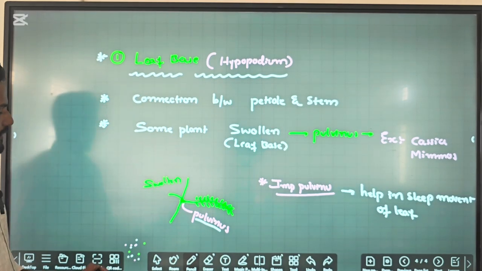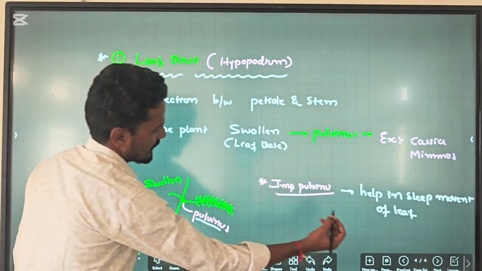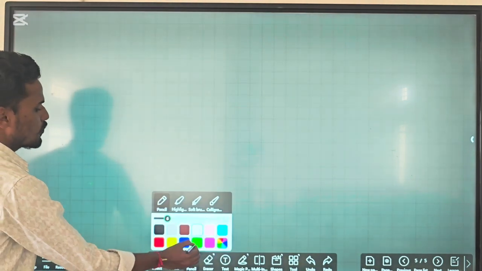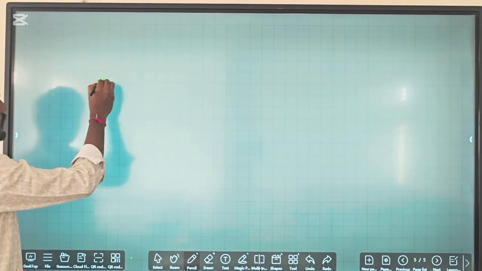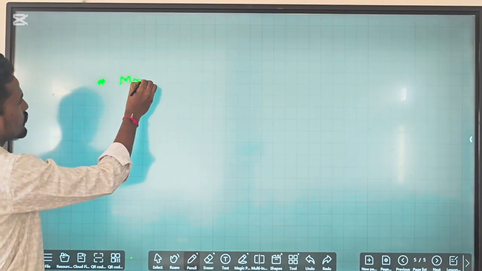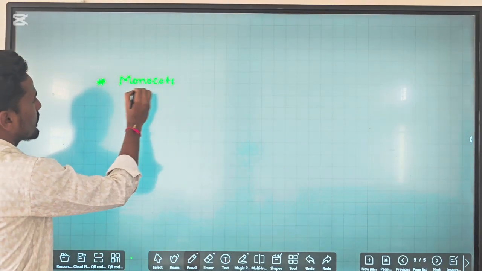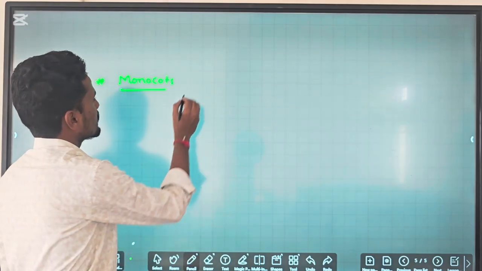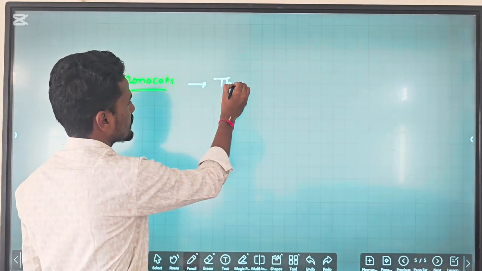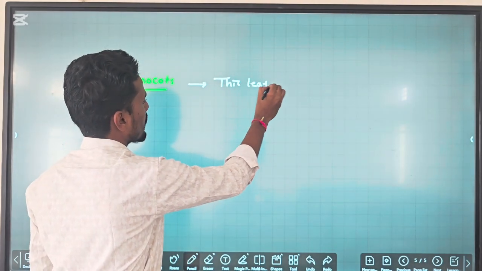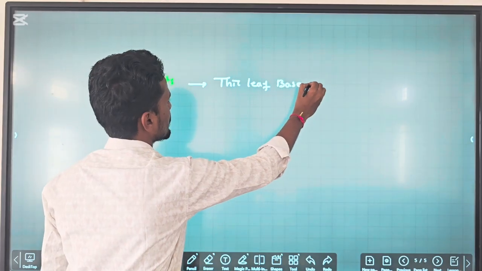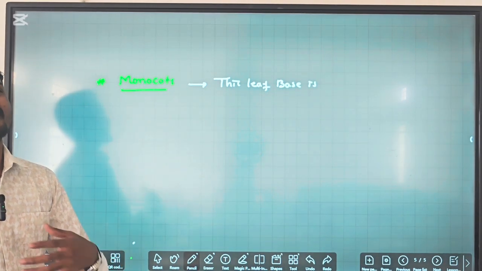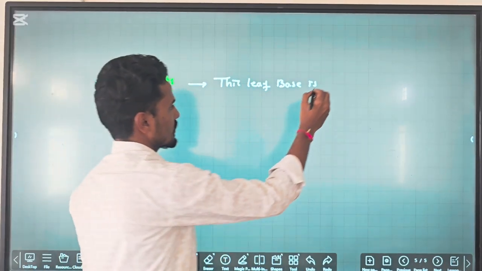Next slide we'll see monocots. Especially in monocots, the leaf base converts itself into a flattened, sheath-like structure.